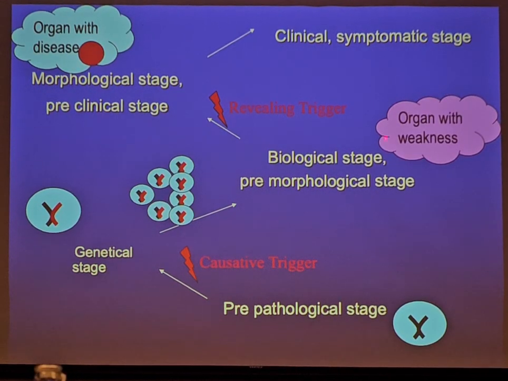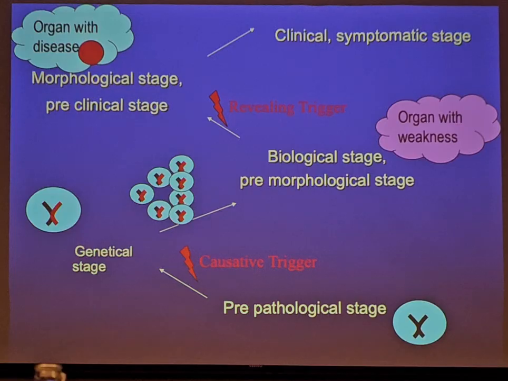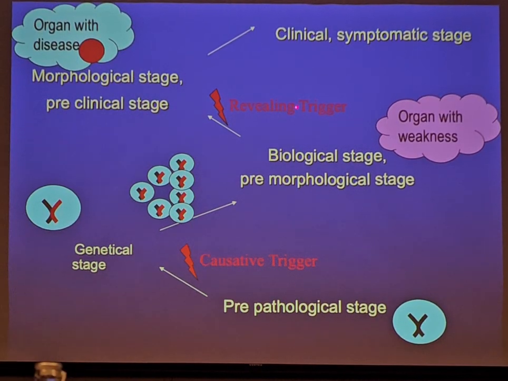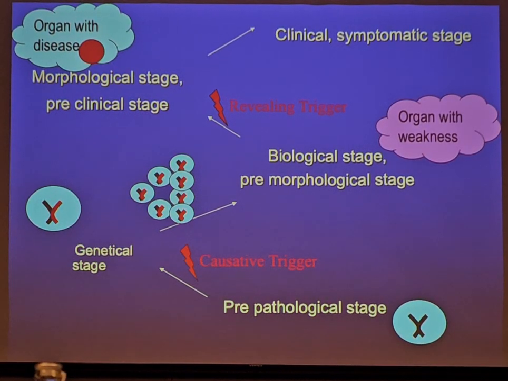But when you are born with neurofibromatosis, you do not yet have a vestibular schwannoma, you only have the propensity to develop a vestibular schwannoma. And due to a secondary revealing trigger, you now have your brain with a neurofibroma, with a schwannoma, with a meningioma.